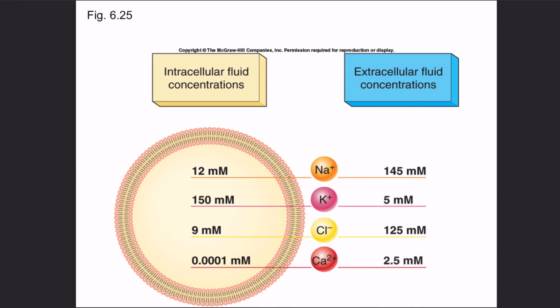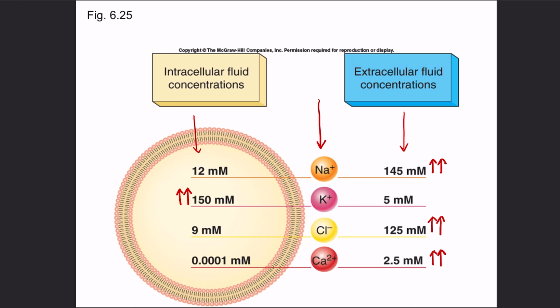This figure shows the concentrations of certain ions inside the cell and outside the cell. And what you can see is there are some really big differences here. There's way more sodium on the outside, way more potassium on the inside, way more chloride on the outside, and way more calcium on the outside.